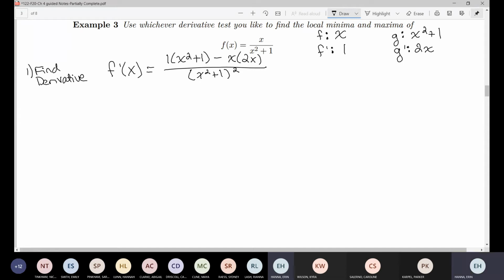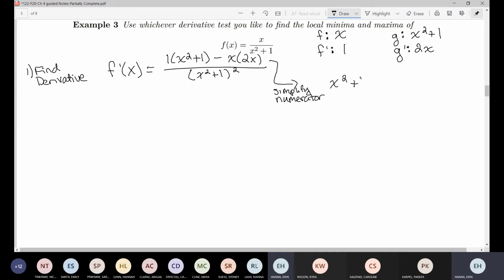I hope I said at some point in chapter 3 that I don't care about simplification for those generic derivative questions. In this case, we're going to want to simplify. It's going to make our algebra life a lot easier for the next step. That denominator can just stay. The main thing I want to simplify is this numerator. So I'm going to come off to the side, pull the numerator for a second and simplify it, then rewrite the derivative.